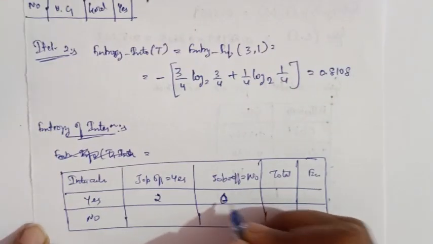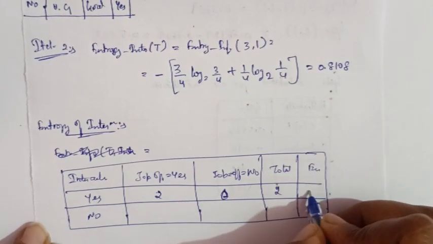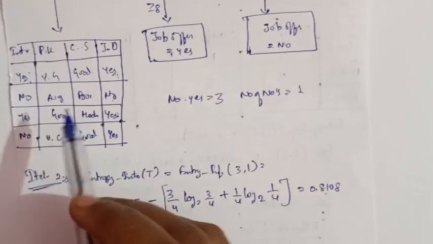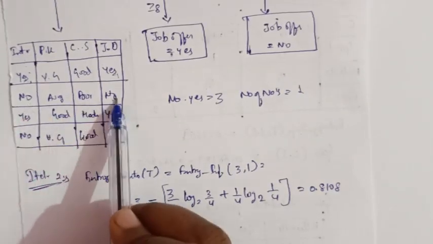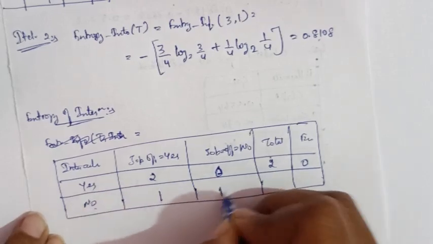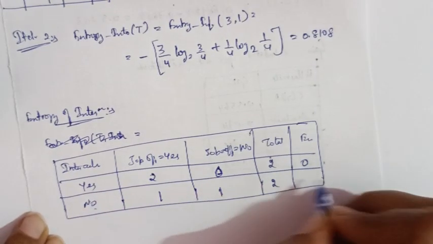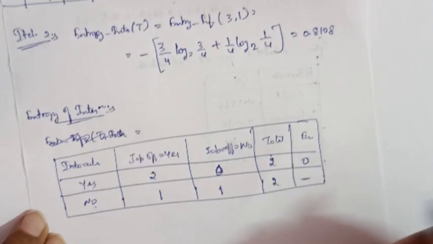It will come 0. That means the total is 2, entropy is 0. Again for no, the number of S is 1 and number of no is 1. Total is 2. We have to calculate the entropy for this.